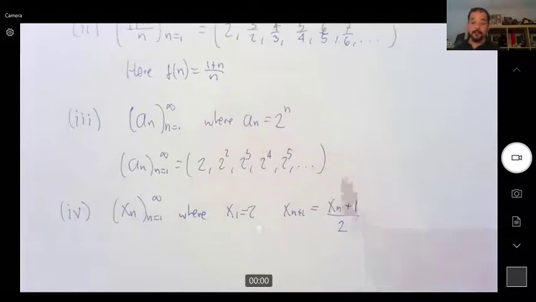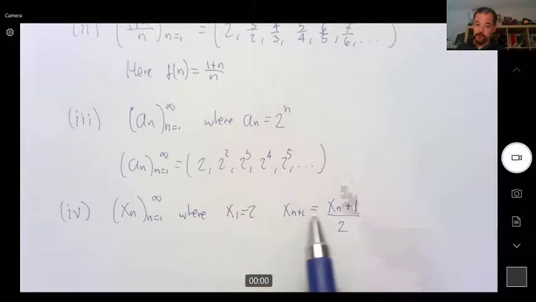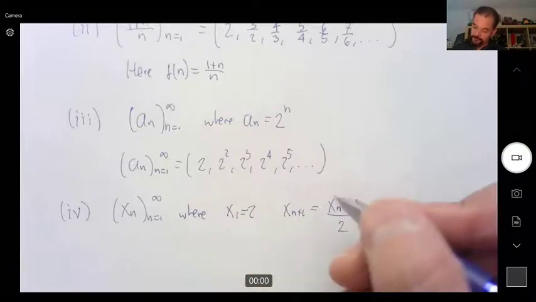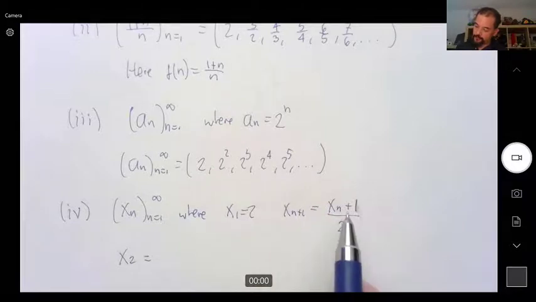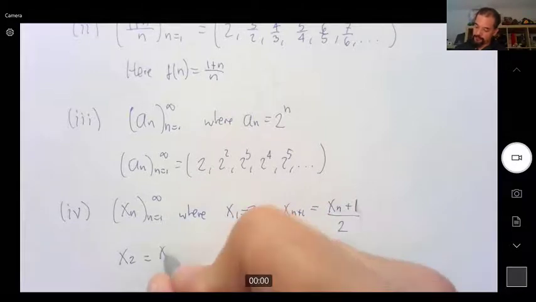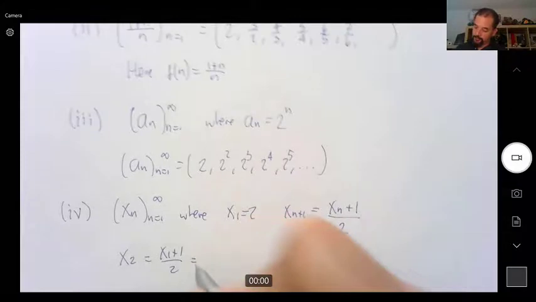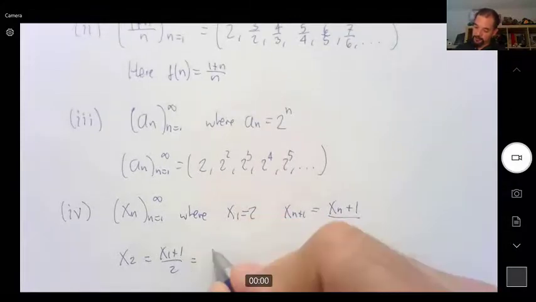And that's fine. I'm not telling you what the elements are, but I'm telling you how you can get them with this recursive formula, right? So for example, if I wanted to know what's the second one, well, I follow these instructions. The second one is x_1 plus 1 divided by 2. So then I plug the 2 here, and that would be 2 plus 1 divided by 2, or 3/2.